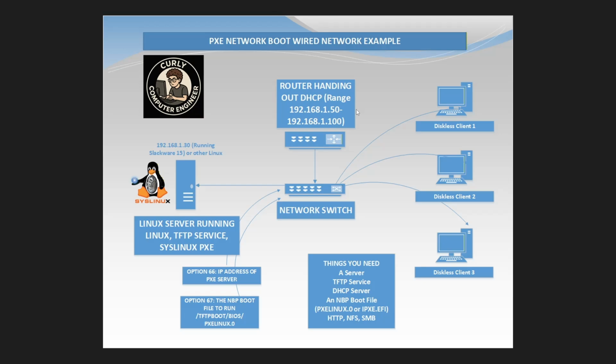So what happens is the client, when you power it on, it's going to reach out through the switch, and it's going to go to the router, and it's going to say, hey, I need an IP address. Can you give me an IP address? And the router says, sure. And it looks at its pool, and it looks at what's being used already, because there is a table of addresses that it's already using.